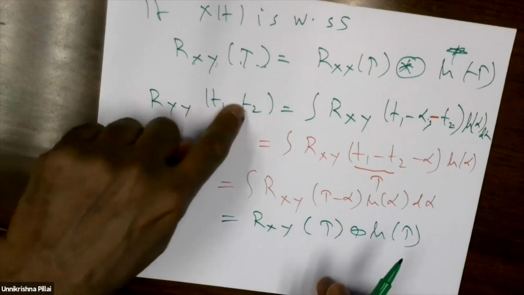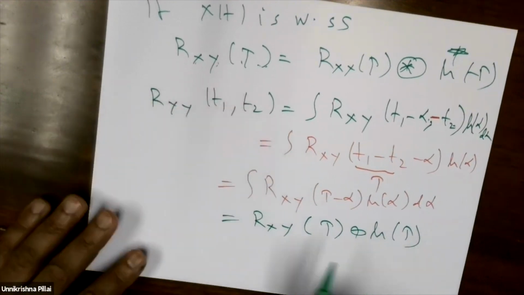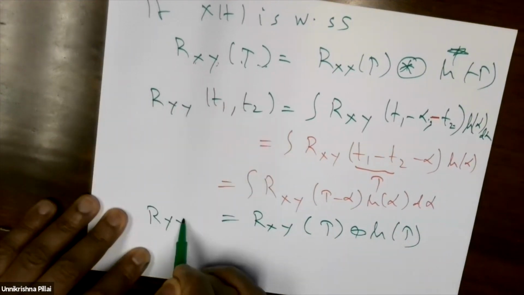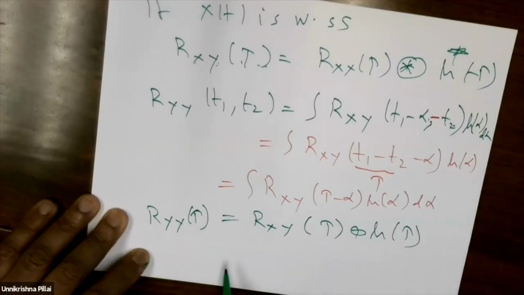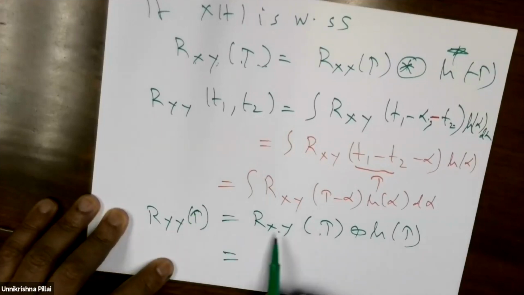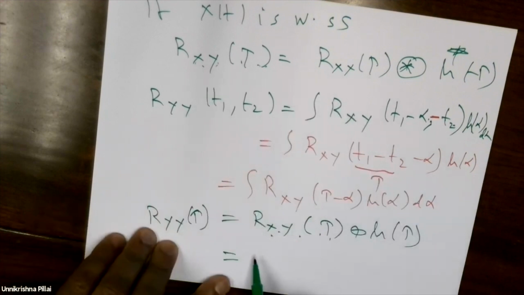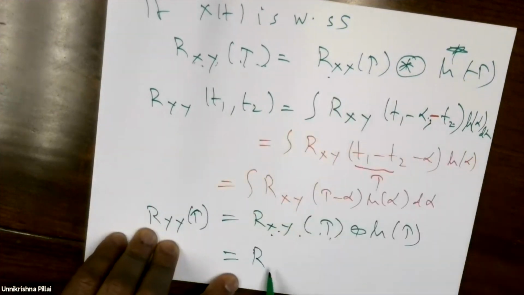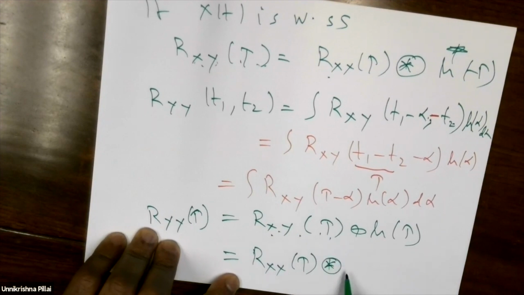That means the output is not a function of t1, t2. The output I can write as Ryy(tau). Finally, Rxy(tau) is here, so I can substitute the first line here if you want. So this is a very important result, this last line.